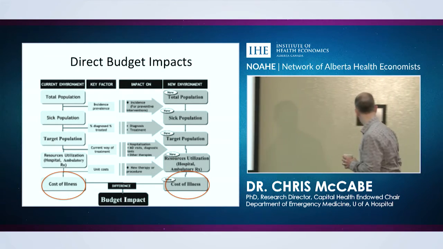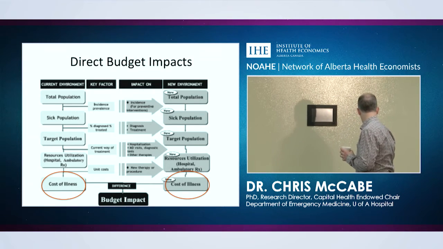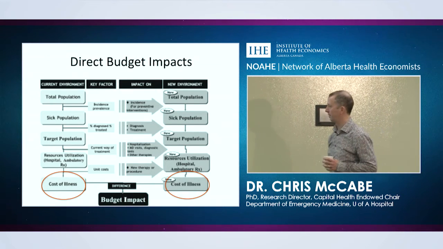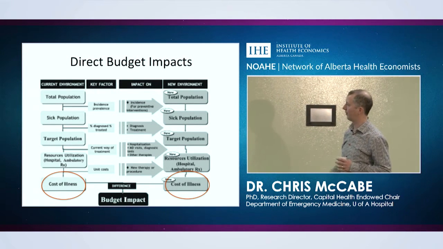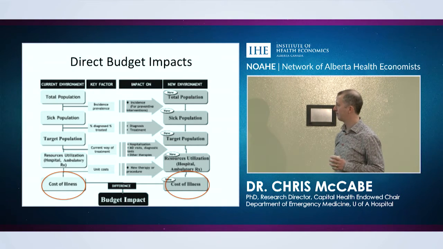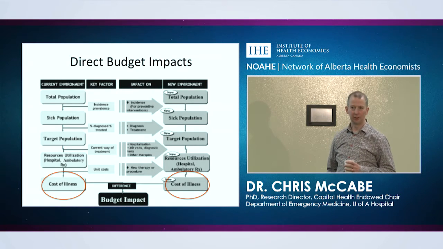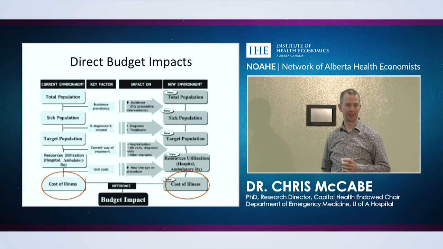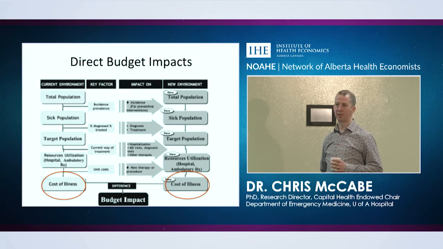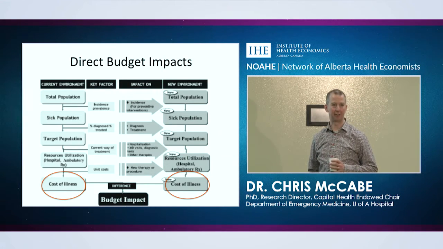But you need to think about the indirect budget impact, especially with these truly groundbreaking technologies. If you're keeping a bunch of people alive, well, nobody lives forever, and so we will want healthcare for something else. And understanding what timeline we'll observe that new demand for healthcare in is really important.